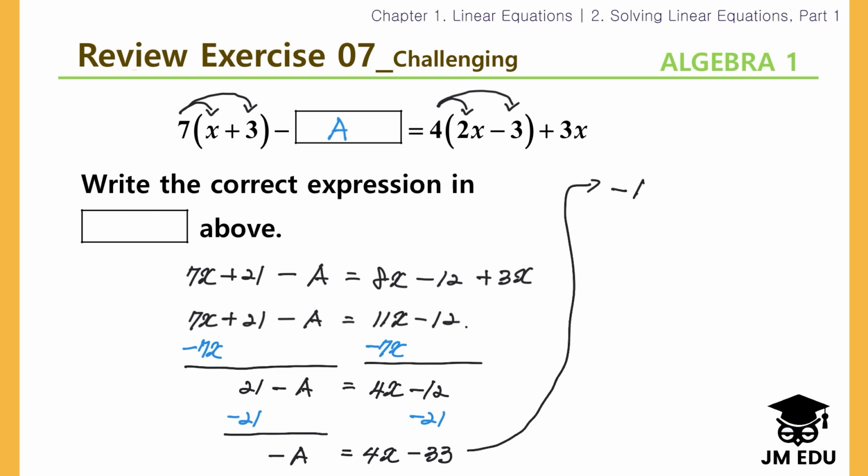We have negative a is equal to 4x minus 33, right? What's a then? Divided by negative 1 here, then divided by negative 1, divided by negative 1. A is going to be minus 4x. Negative divided by negative gives you positive, right? Plus 33.